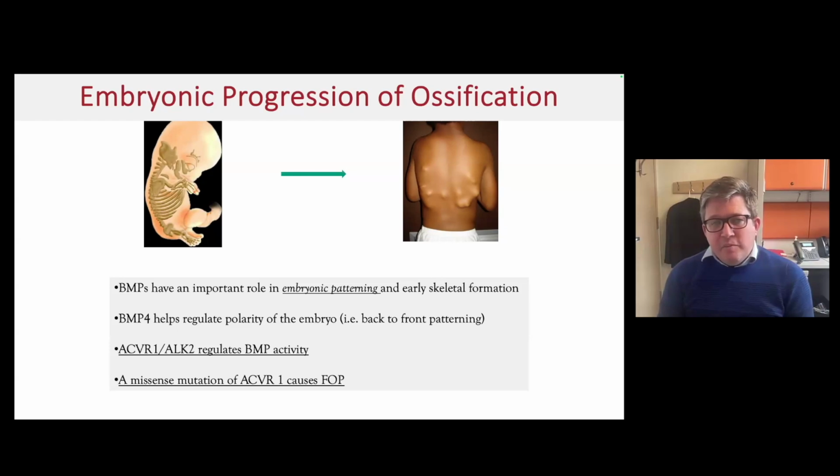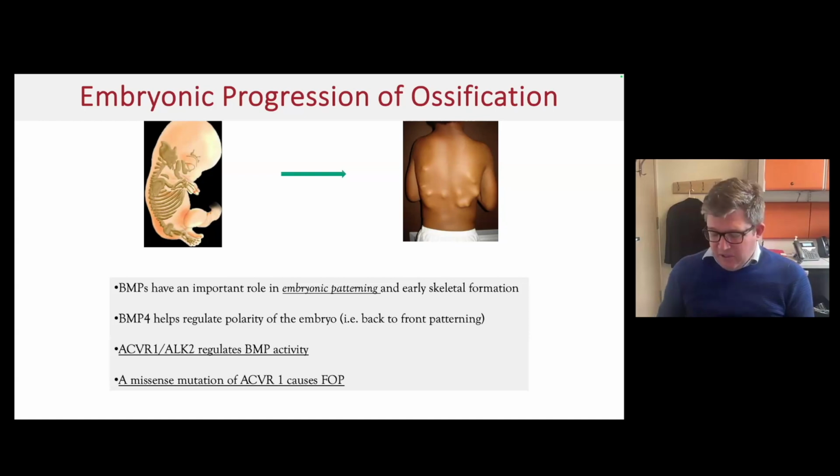In the case of FOP, there's a receptor called ACVR1 or ALK2, and there is a mutation in the gene coding for this receptor.